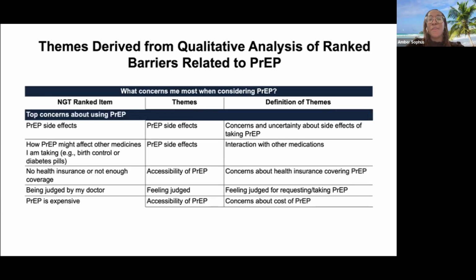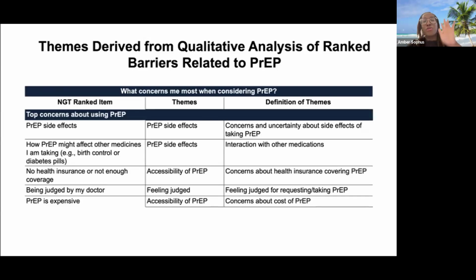And we found that PrEP side effects were there because people had concerns about uncertainty about side effects and interactions with other medications, which was pretty known from the list. Interestingly, for accessibility of PrEP, it was around cost, being able to afford PrEP in general, but then having health insurance to cover PrEP. And then also just feeling judged for requesting or taking PrEP. So that PrEP-related stigma did also show up within our study.